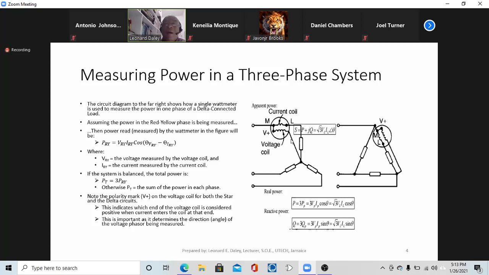This slide is showing you also for the delta system how the wattmeter would be connected for a delta system. I want you to pay some attention to what is called the polarity marks on the wattmeter.